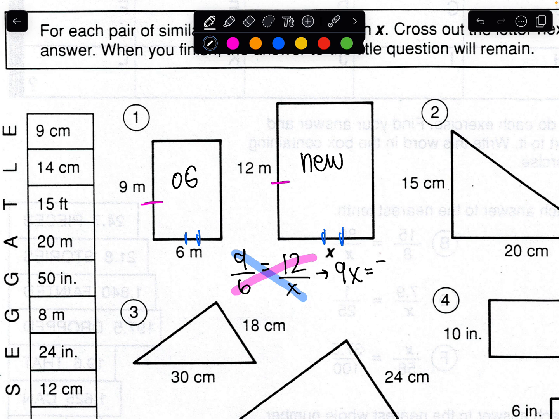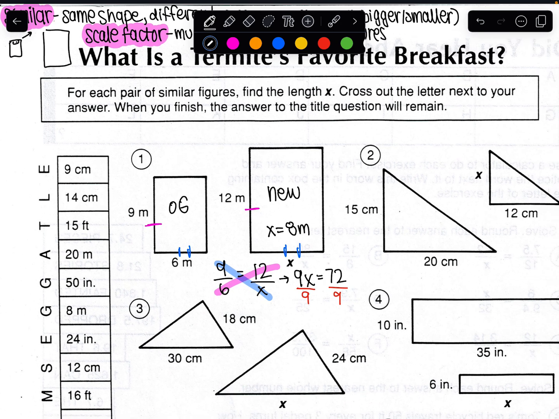I'll get 9x equals 72. To figure out the value of x, I'm going to divide by 9 on both sides, which means the value of x in this new figure is going to be x equals 8 meters.